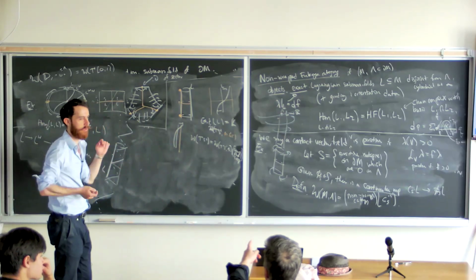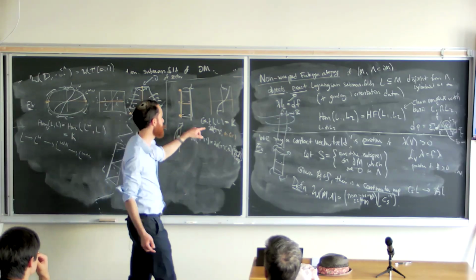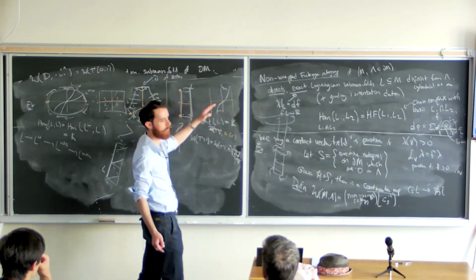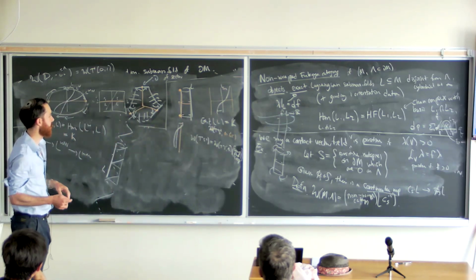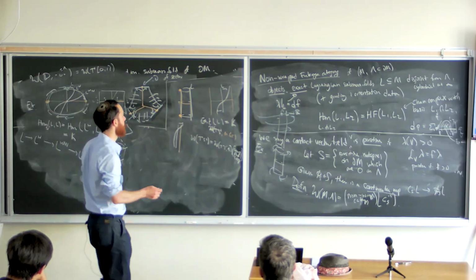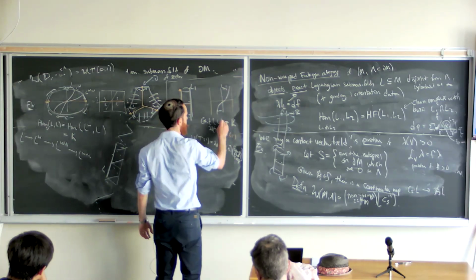So, is it doable? Yes, I've almost computed this category. I wrote down one Lagrangian and computed its endomorphisms. It turns out that this Lagrangian is not going to see everything in the category. Let me call this Lagrangian L1.